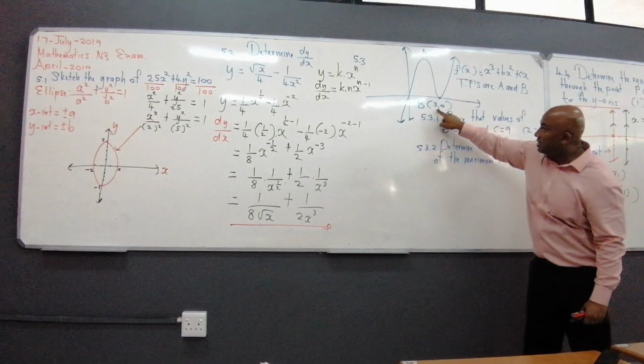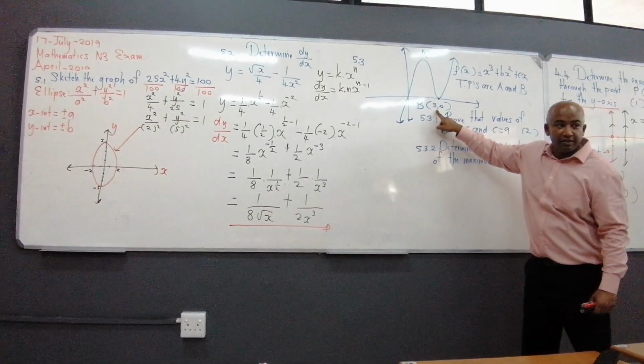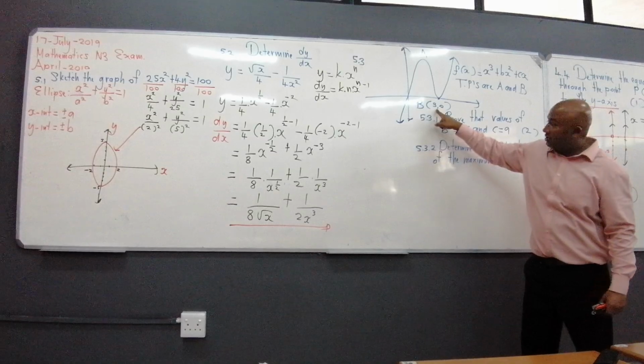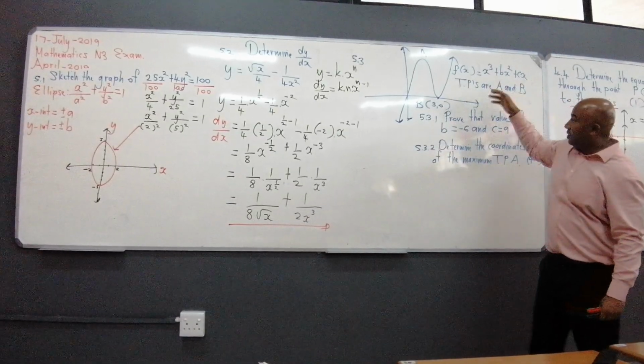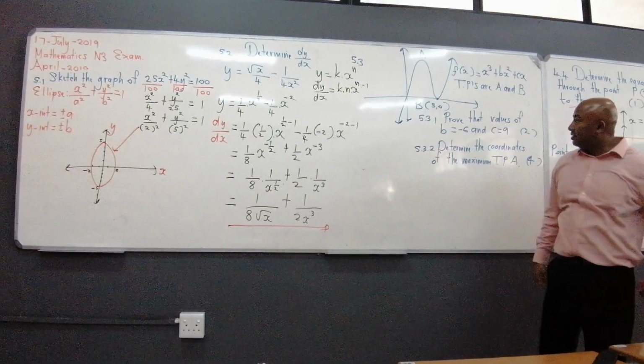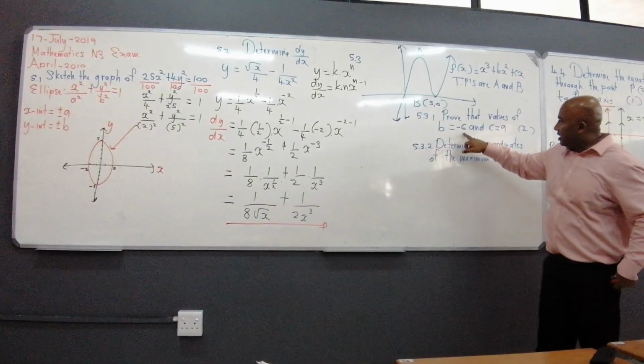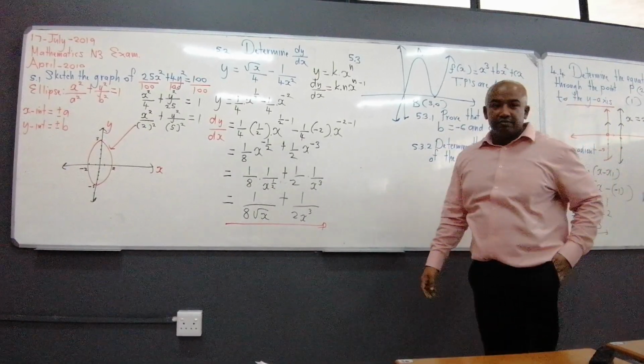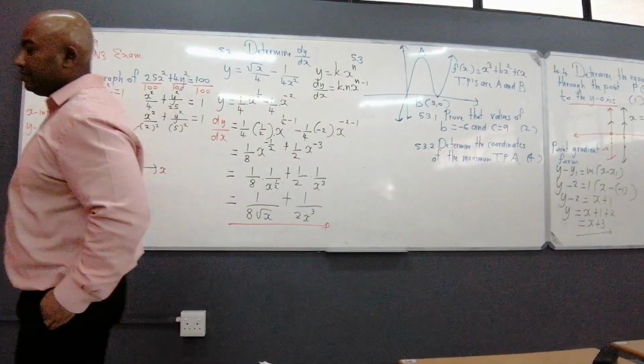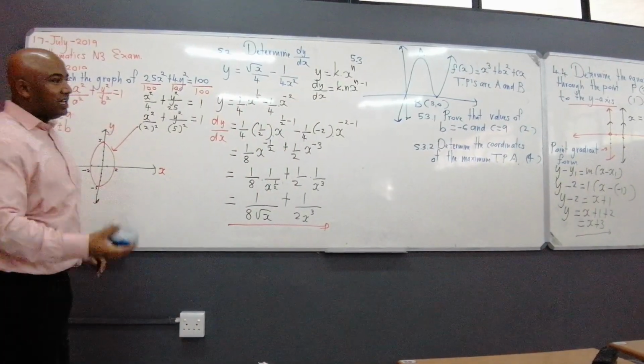This is the minimum turning point, B, 3 and 0. That's the equation. So we are told to prove that the value of b is equal to -6 and c is equal to 9. How do we do that? It's similar to a grade 12 question.